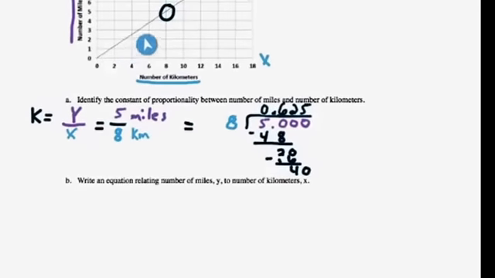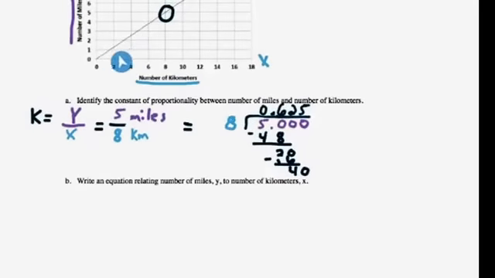The fact that the graph is a straight line intersecting the origin also means that we can write an equation relating the number of miles y to the number of kilometers x. So what is the form of a proportional equation? So proportional equations take on the form y is equal to kx.